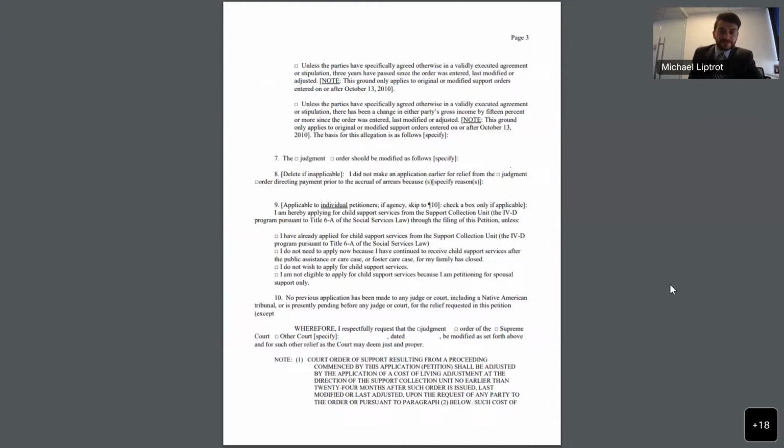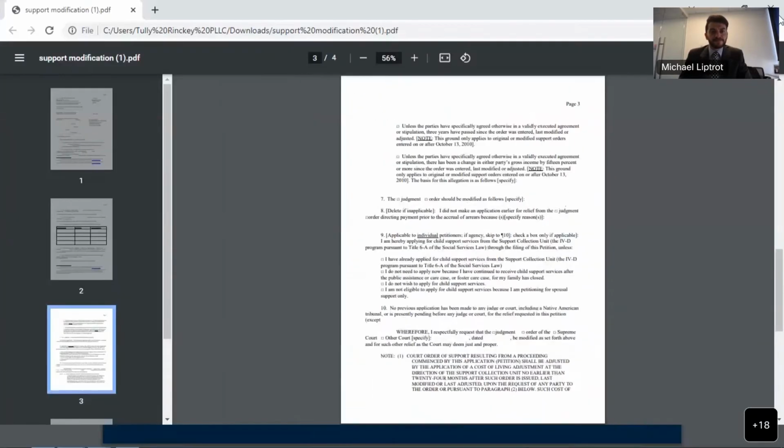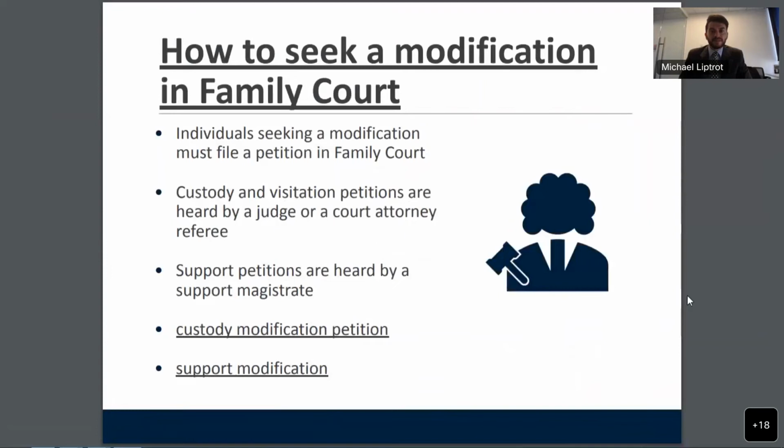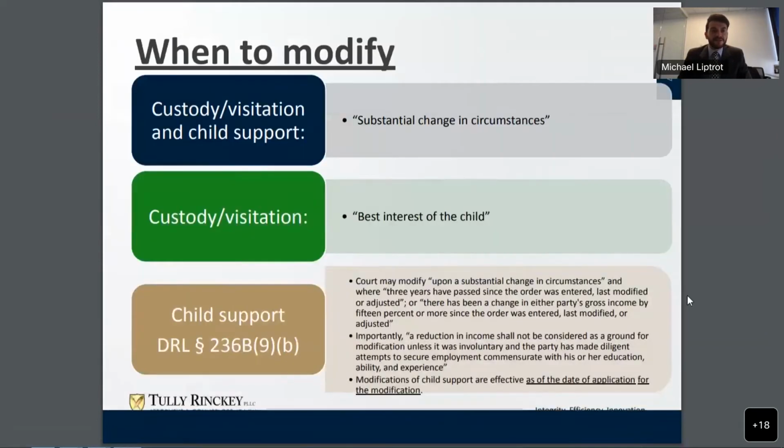So that's what that form looks like, and those are the three bases. And we can go to the next slide. Okay, and so that's how you modify it.